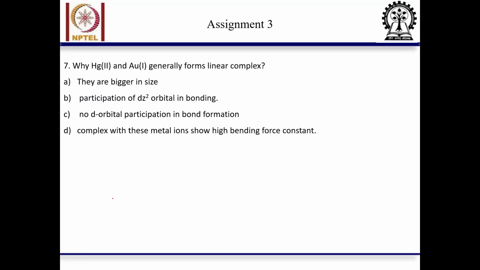Another thing is that in OneDrive I will put my slides and the YouTube link. From there you can go through assignments 1, 2, 3, whatever I've discussed, and the YouTube video link also.